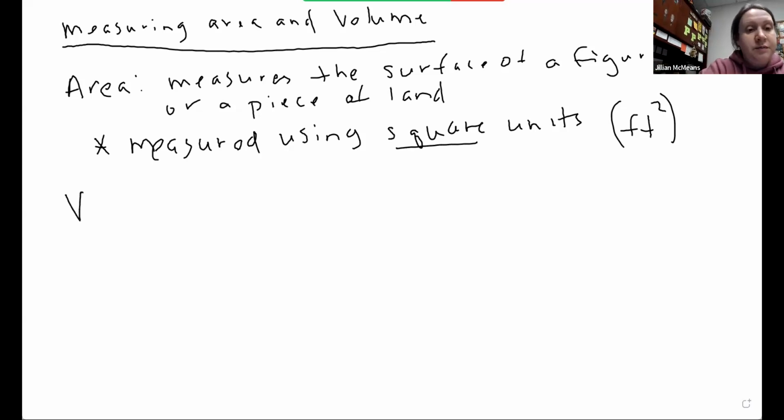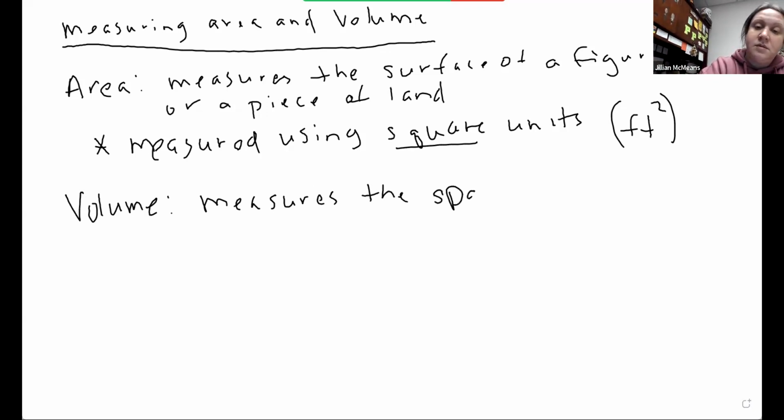For volume, volume measures the space contained in a 3-dimensional figure.